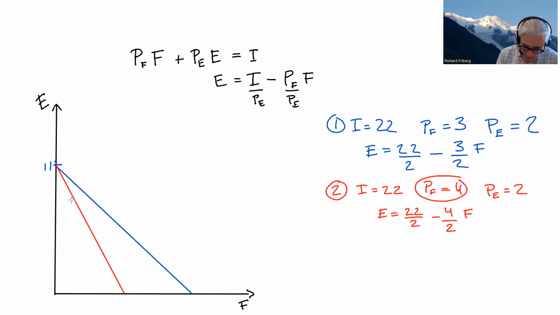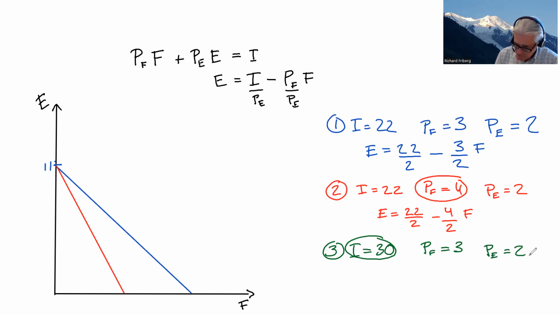Then we can look at the third case where income is increasing. Assume that income is 30, say. I'll circle that to show that this is a new development relative to the baseline case of number 1. The price of food is still 3, and the price of entertainment still 2.